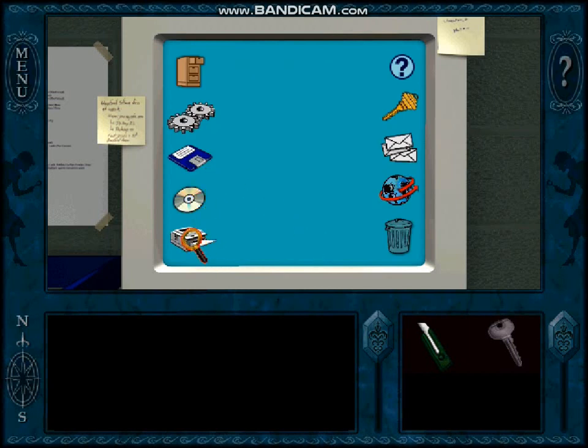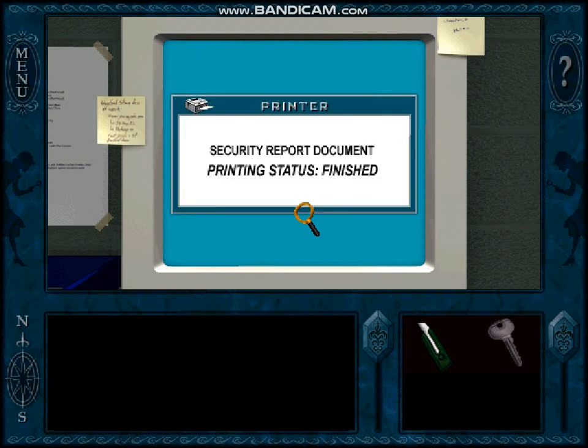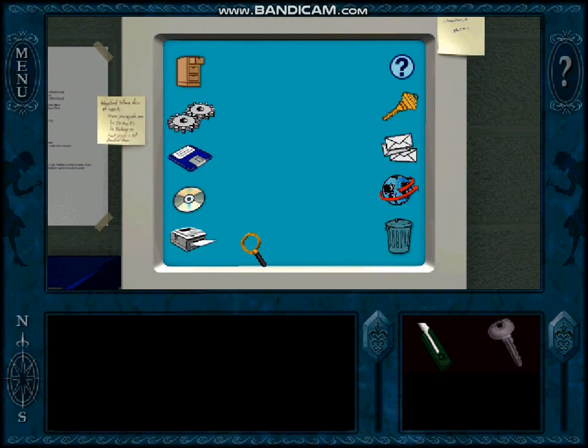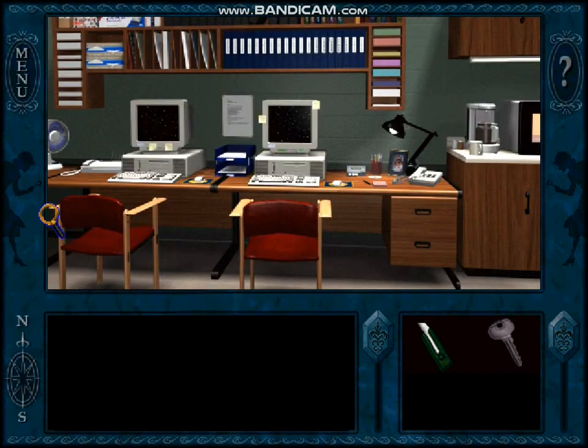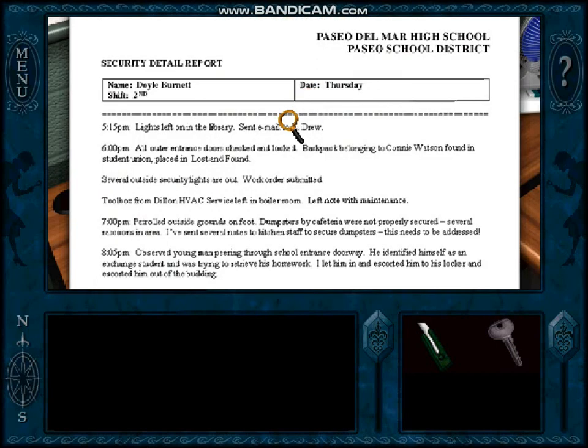And that's all you need to look up. Okay, we finished printing some sort of document. I don't know what it is, so let's check it out.